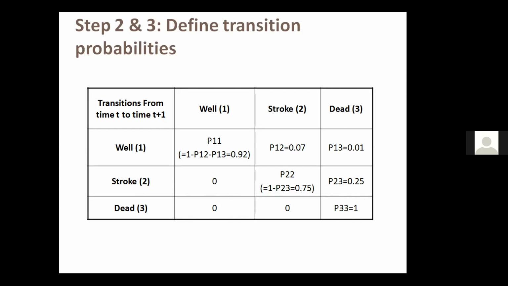Here one particular assumption is taken, that it always progresses forward. It's a very simplistic assumption, that from well you get stroke, and from stroke you get death. But the reverse from stroke to well is not given there. That is put as 0 here.